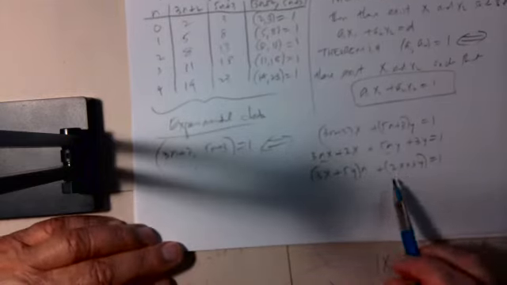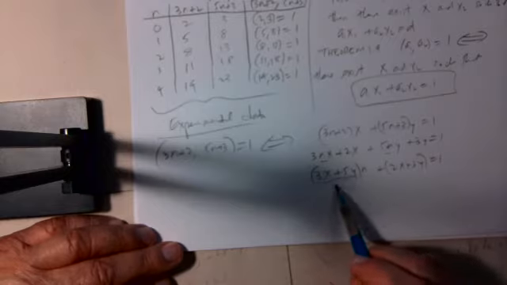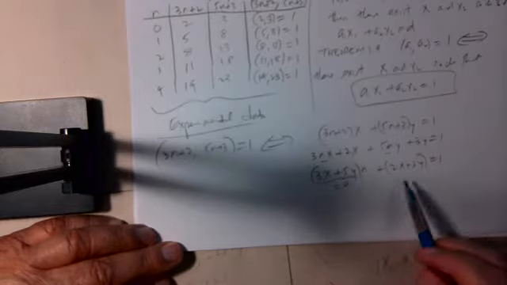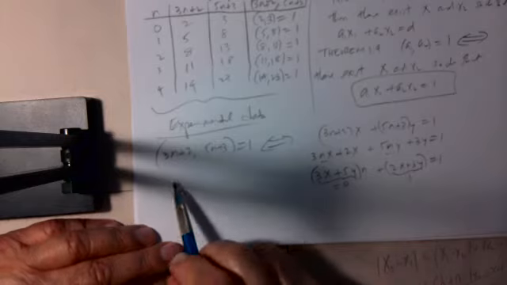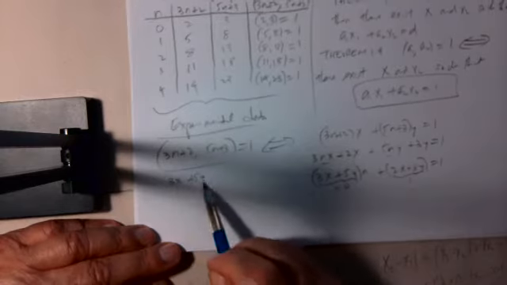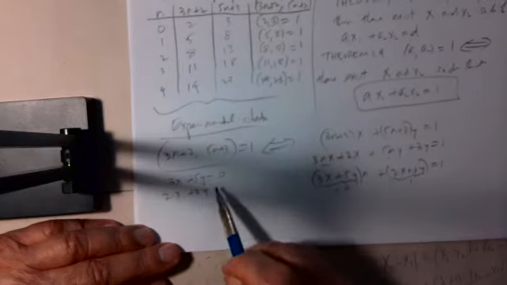Now, suppose I could find x and y such that this is equal to 0 and this is equal to 1. That is, suppose I could find x and y such that 3x plus 5y equals 0 and 2x plus 3y equals 1.